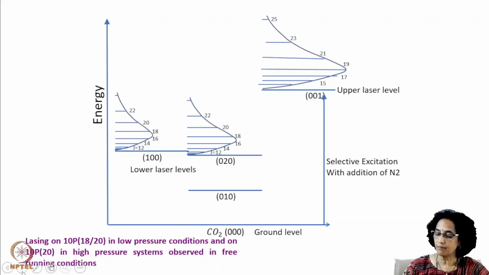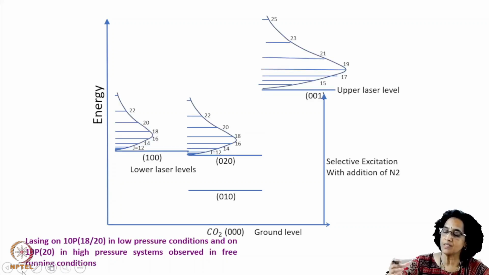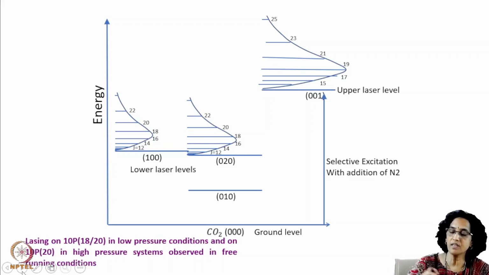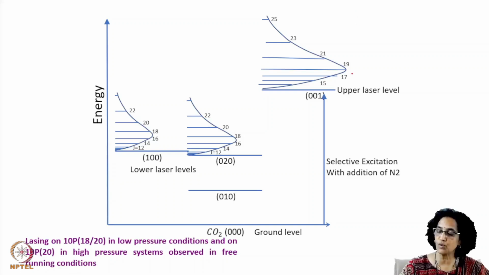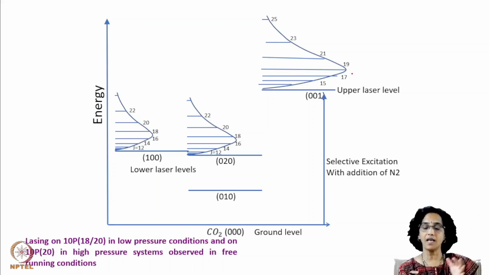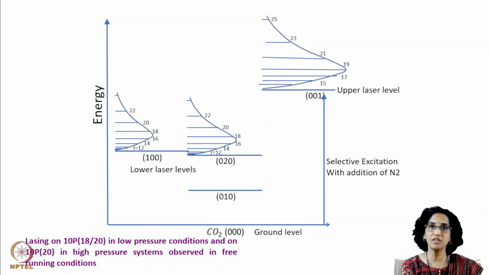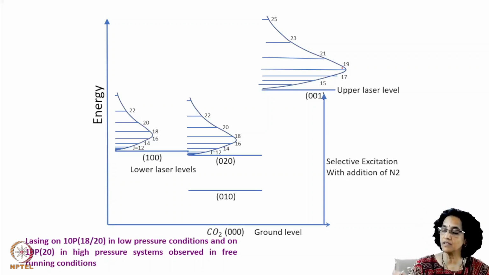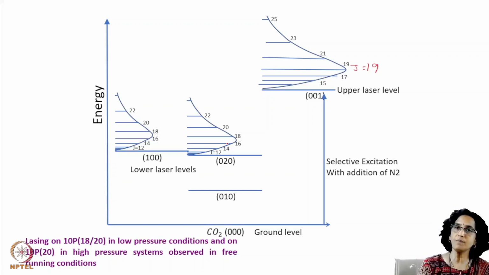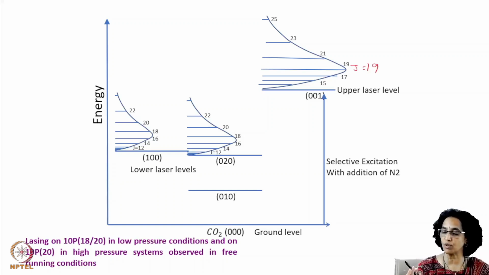The molecules which are in various vibrational levels are distributed, as we said, in the various rotational levels of those particular vibrational levels as per the distribution that we just saw. So the distribution has a maximal behavior. It peaks at a certain J value. Here we have shown J is equal to 19, it peaks. So similarly, it has a distribution.